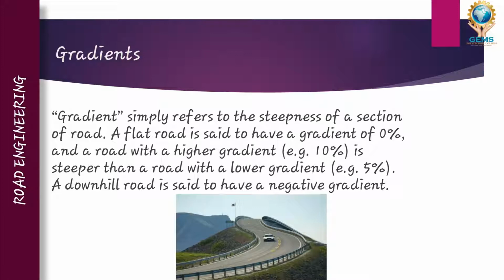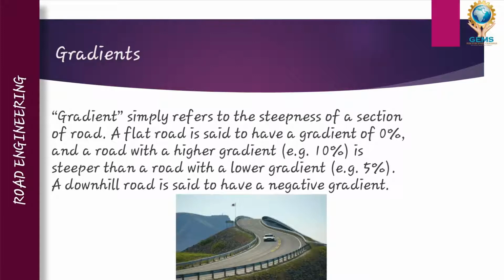A flat road does not have any gradient, that is, the gradient is 0%. A higher gradient is 10% and is a steeper road, and a lower gradient is 5%. That is the rise and fall of the road, which shows the gradient.